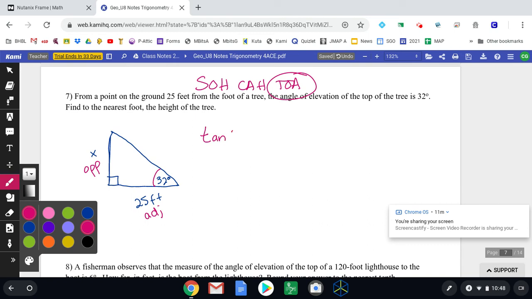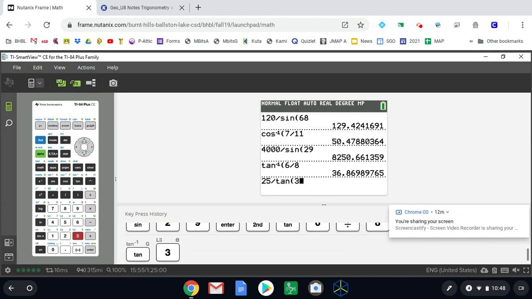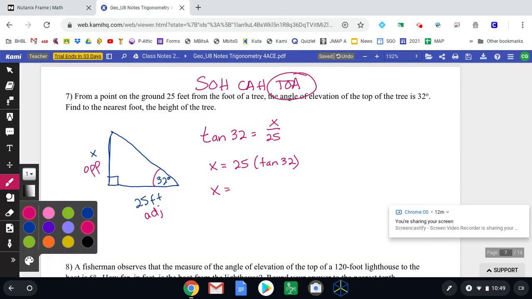So the tangent of 32 is my opposite over my adjacent. Cross multiplying. So 25 times the tangent of 32. I get 15.6, and I want this to the nearest foot, so it's about 16 feet.